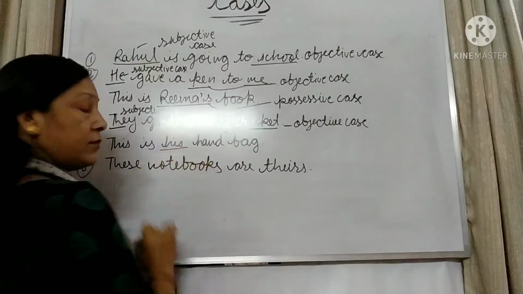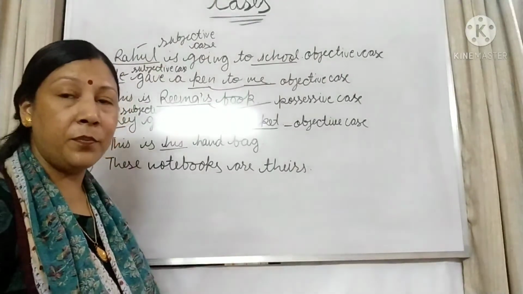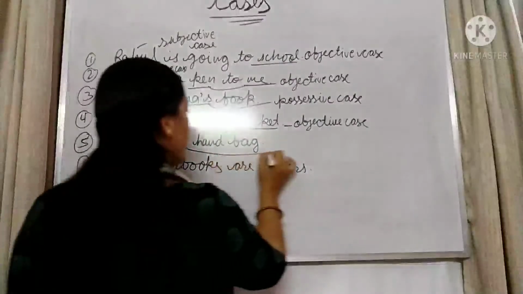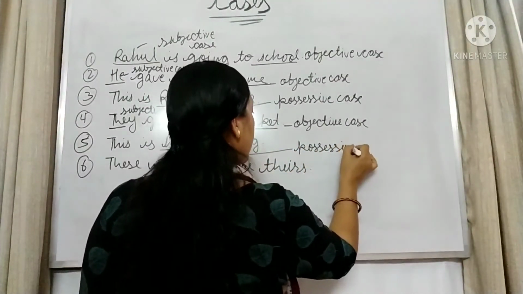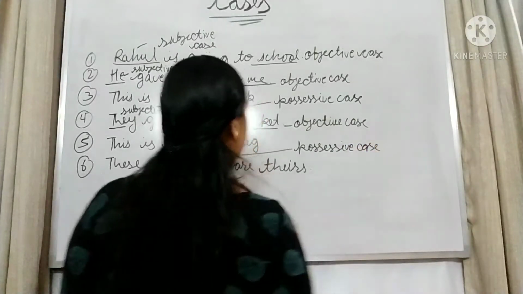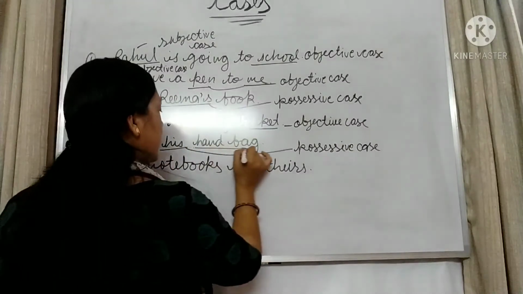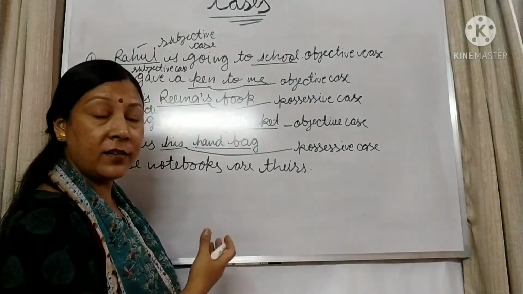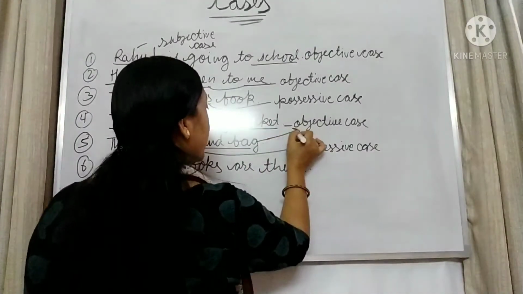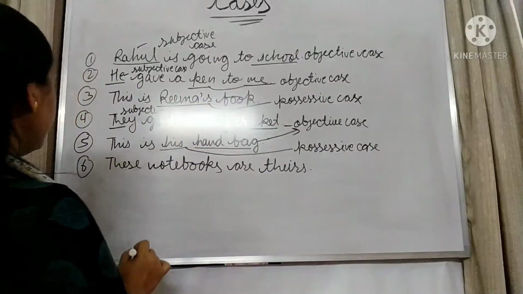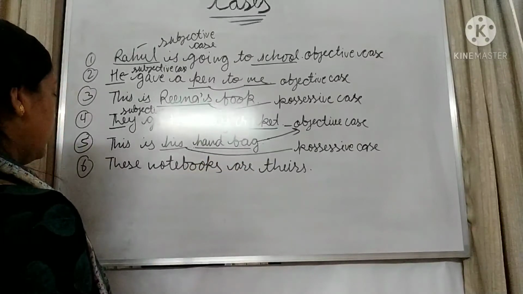Very good. This is his handbag. So his is what? Telling the ownership, possession. So his is possessive case here. And handbag is the object here. So handbag is also objective case. These notebooks are theirs.